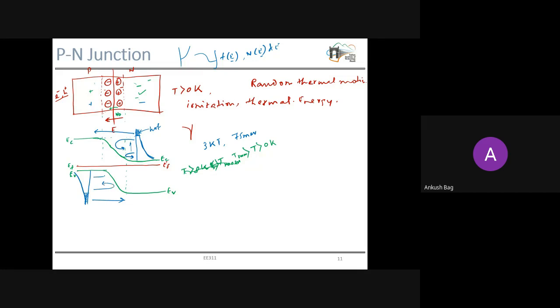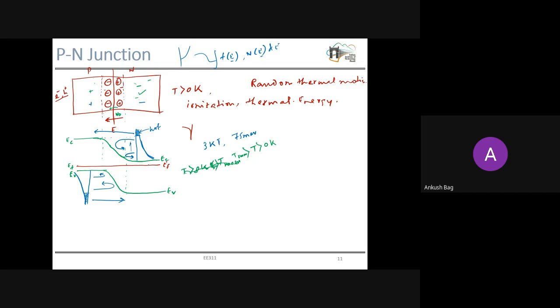Again, we know that the electron and the hole have different behavior. Whenever we increase the energy, the hole goes downward and the electron goes upward, because this energy band diagram is the energy of the electron.